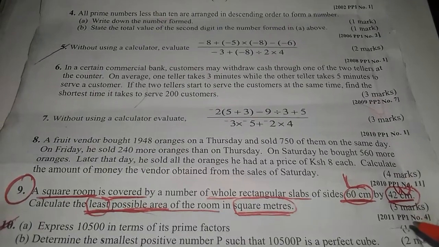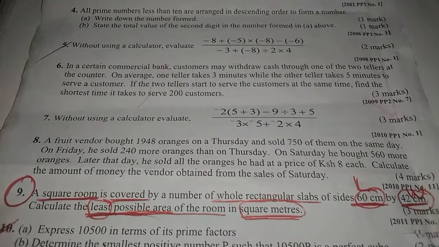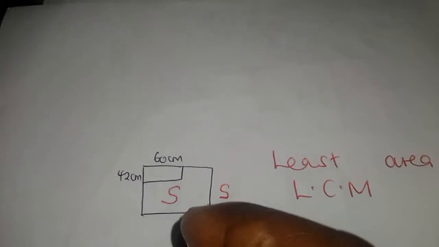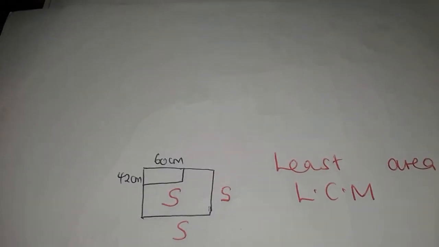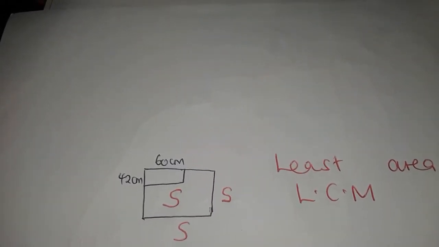That gives us another hint. So my working will involve the following. If I've been told to get the least area, then I have to remember there's something called the LCM. Because if I want to get the area of this square, I first need to get how each side of this square measures.